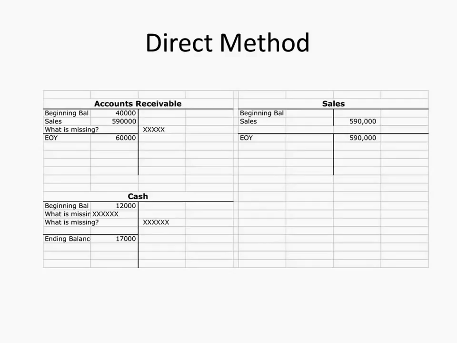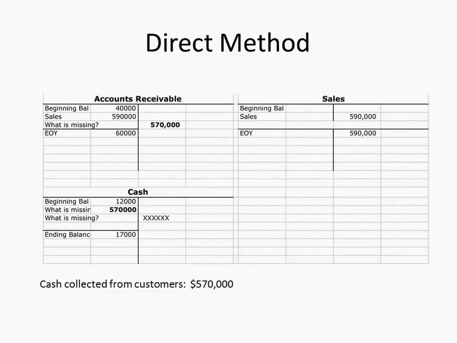Except some of those sales we actually received cash. So how much would we have to credit accounts receivable for to get to our ending balance? $570,000 to end up with a $20,000 increase would have had to have been credited to AR and debited to cash.